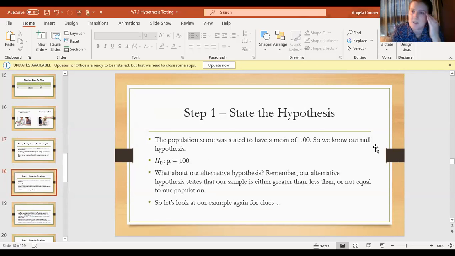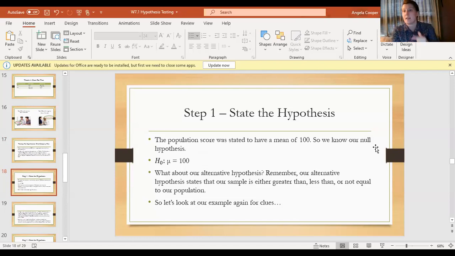So that's the null hypothesis, that the population average for IQ scores for grad students is the same as the general population.